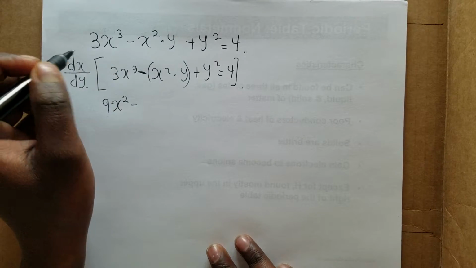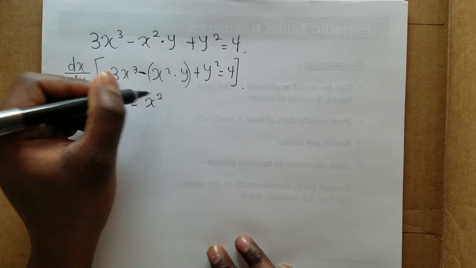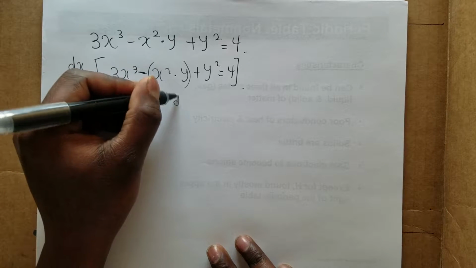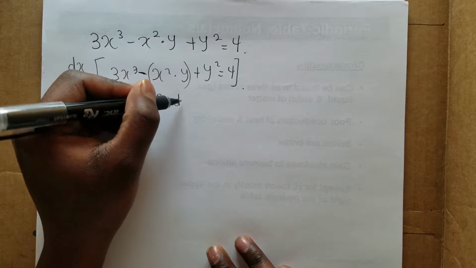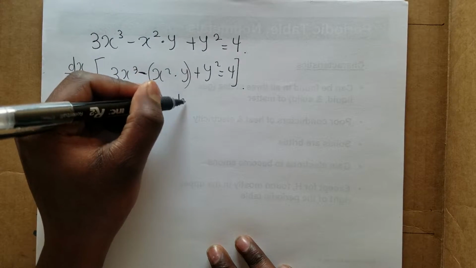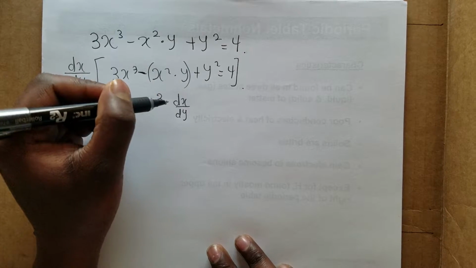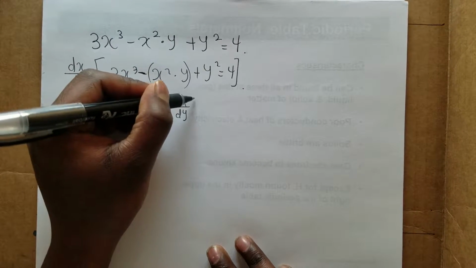The derivative of a product is the first term times the derivative of the second term, which is y.